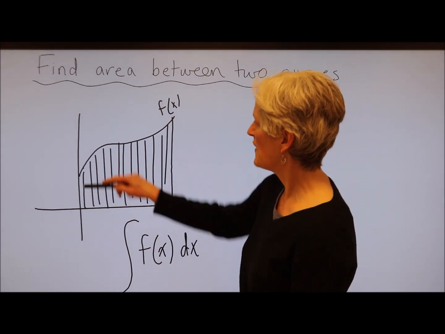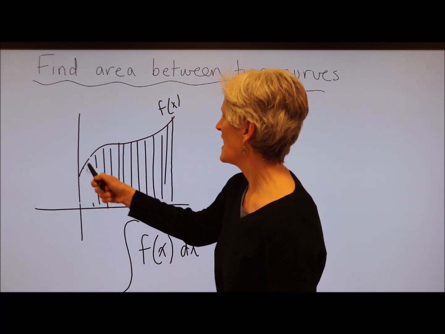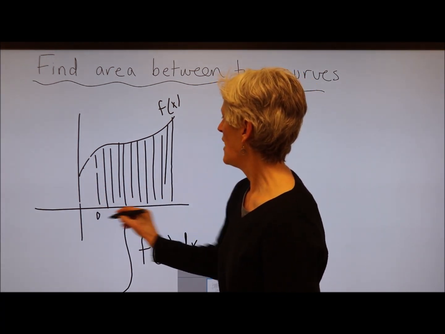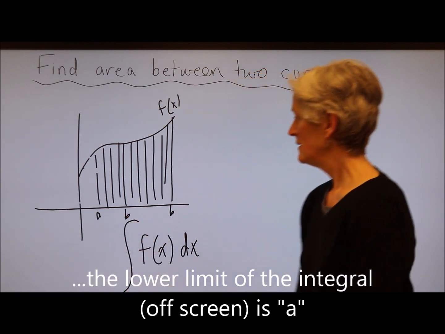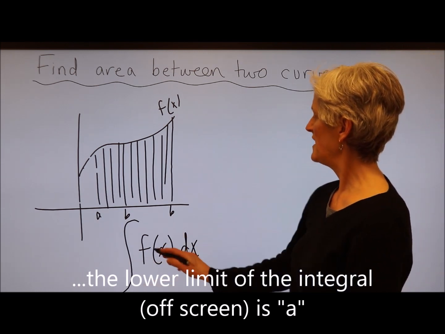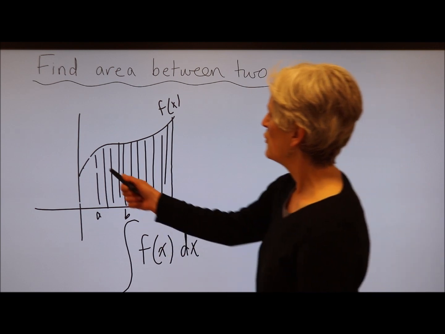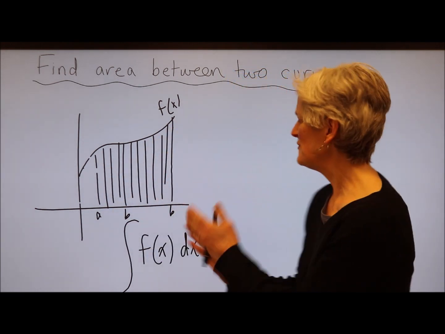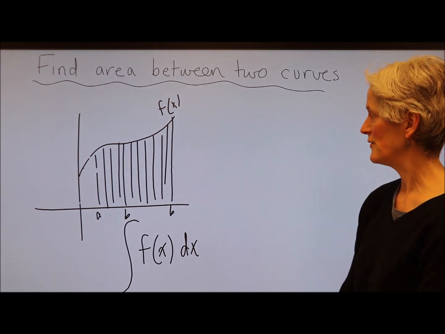So if I wanted to find, for example, the area enclosed between the x-axis and this curve on an interval from a to b, that would be that integral. Integral from a to b of f of x dx, right? And of course, those rectangles would get infinitely, infinitely small, which would get me the area under this curve.